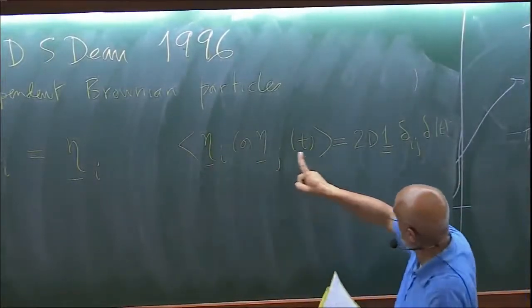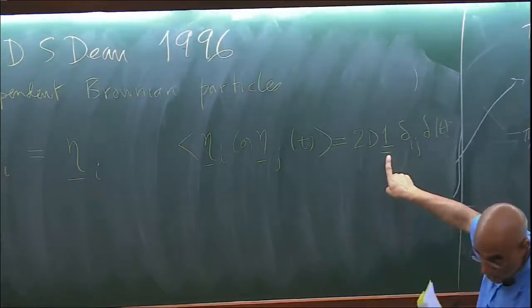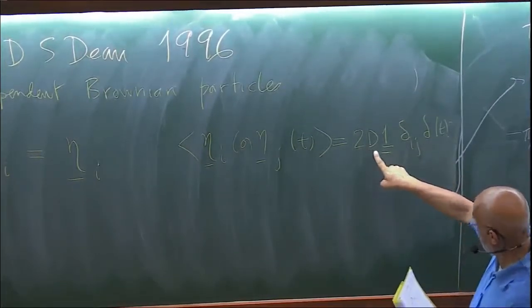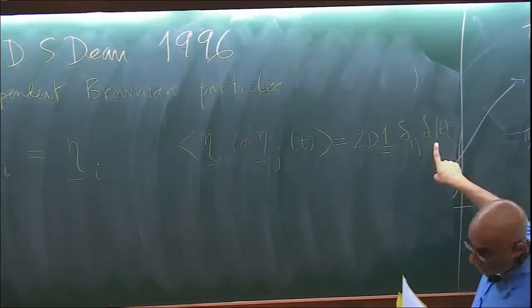This is a vector. Its different components are uncorrelated to each other. It has strength 2D and it's uncorrelated in time, right?